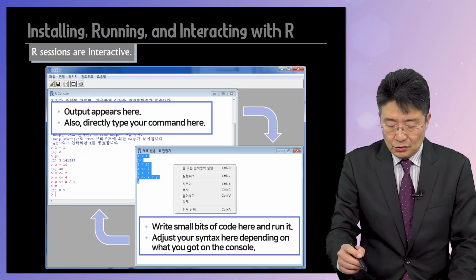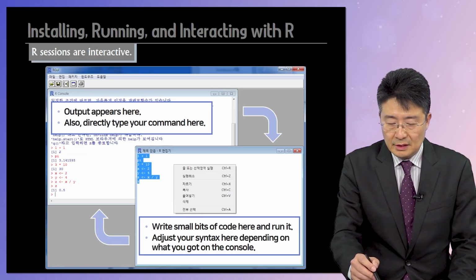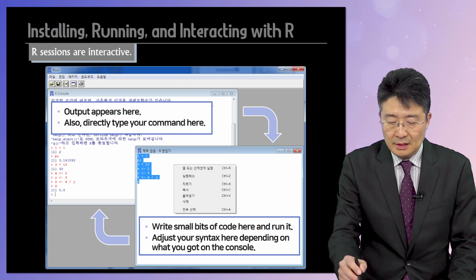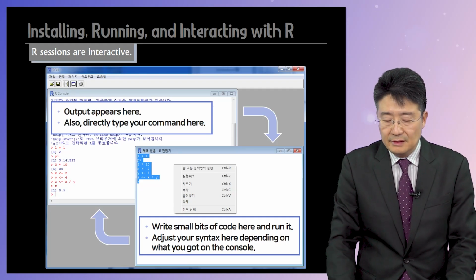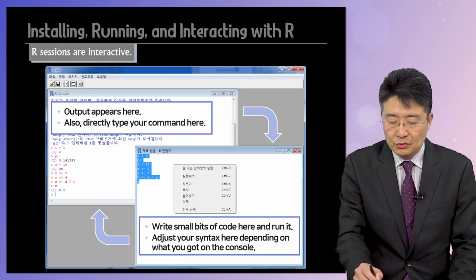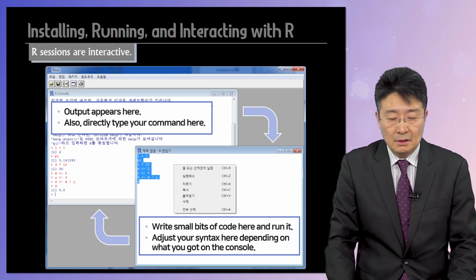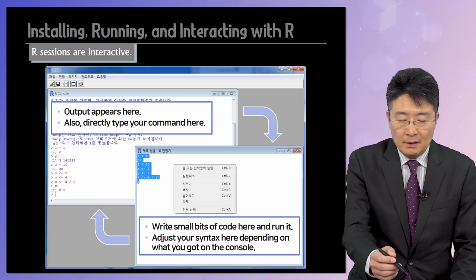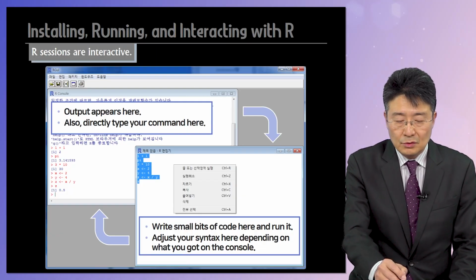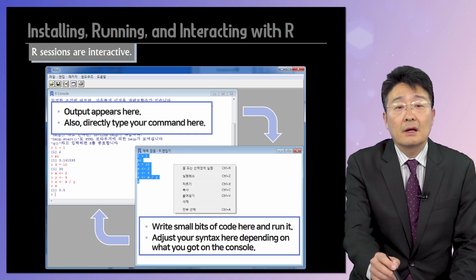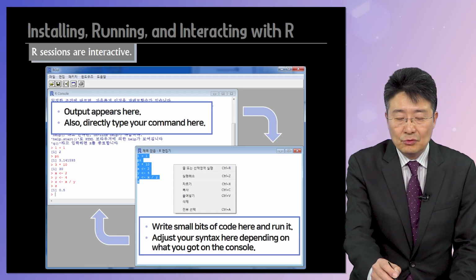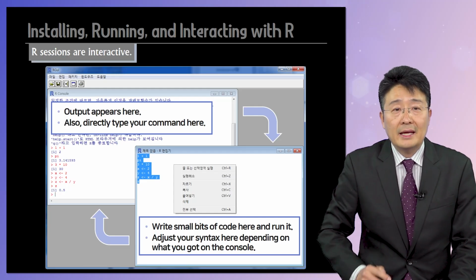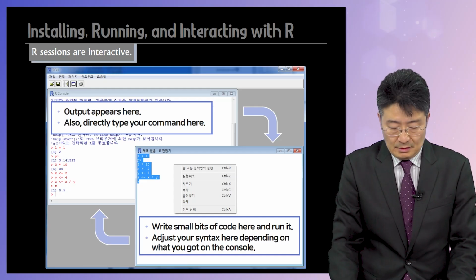As I told you, you can write your codes in this R editor window. Also, you can adjust your syntax depending on what you got on the console. If you run your codes in this console, output appears here. Also, you can directly type your command here, and then you can see your output.